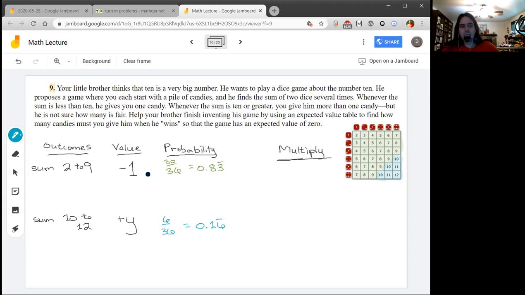So when I multiply those two numbers, we have a negative thing that's -1 times 30 out of 36, or -1 times 0.83 repeating. And we have positive something times that. And I want them to be balanced.